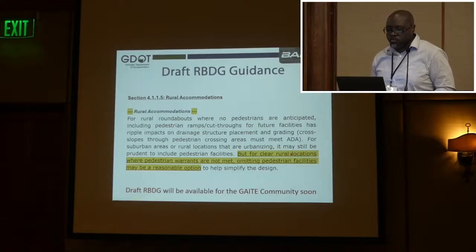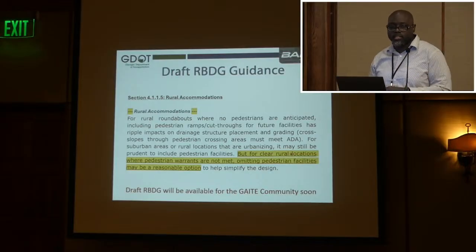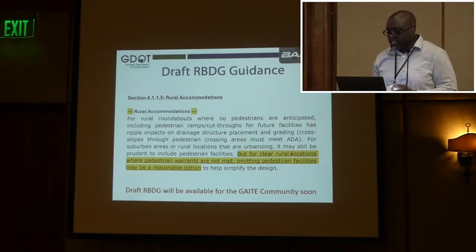And for rural accommodations, another flexibility we've drafted is that if we're in a rural location with no McDonald's, no gas station, no residential area in sight, we might not need a crosswalk or something like that, but you have to vet that out with the location and area. If you're near a school or residential area, make sure that access is accommodated.